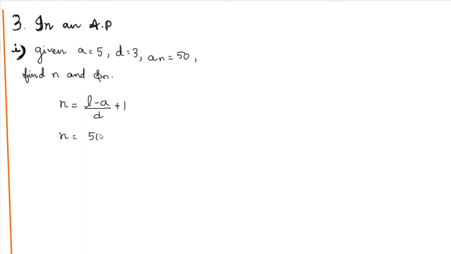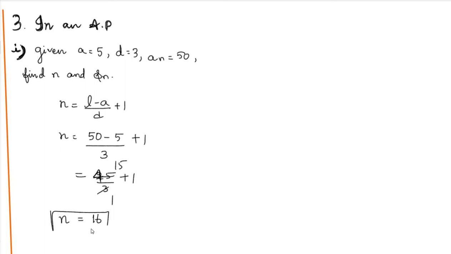So l we can write 50, minus a as 5, and d is given as 3, plus 1. So 50 minus 5 is 45 by 3, plus 1. 3 ones are 3, 3 fifteens are 45. So n is equal to 15 plus 1, that is 16.